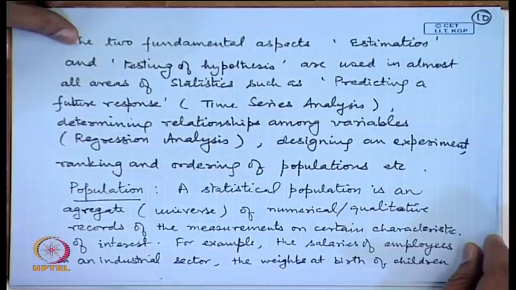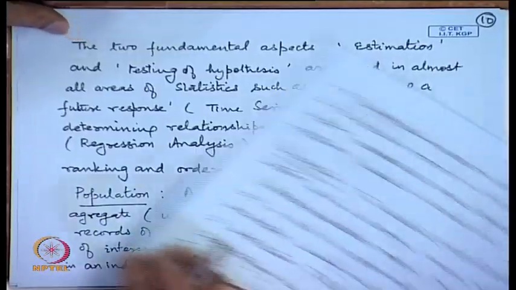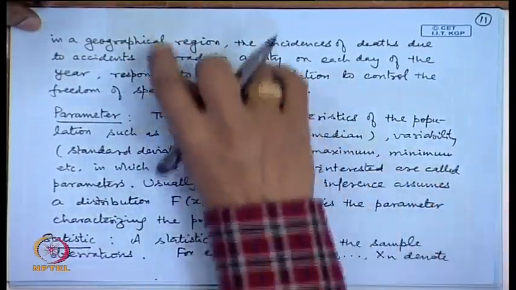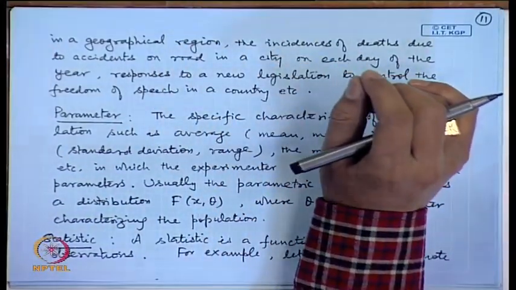If we are looking at the weight at birth of the children in a certain geographical region, then for all the children born during a particular period in that region, we look at the values of the weights taken in, say, pounds or kilograms or grams, corresponding to all the children born.